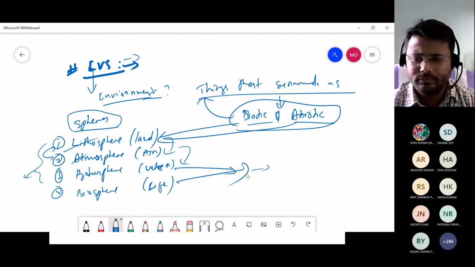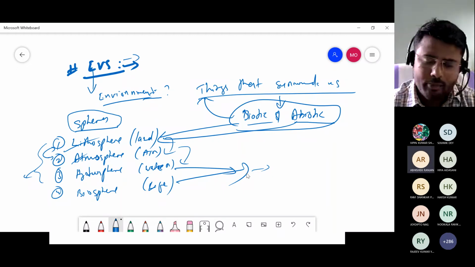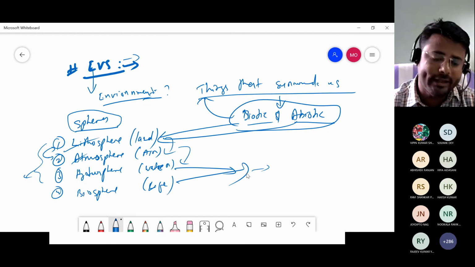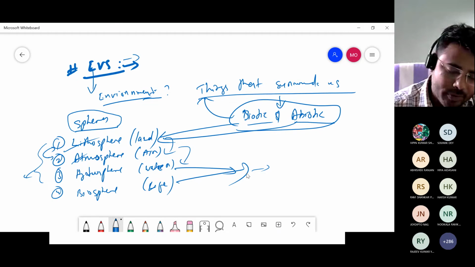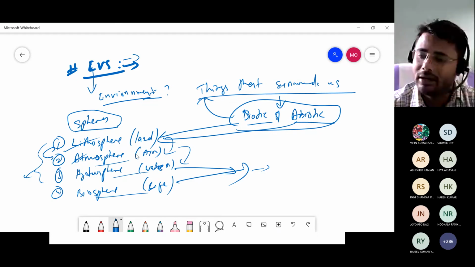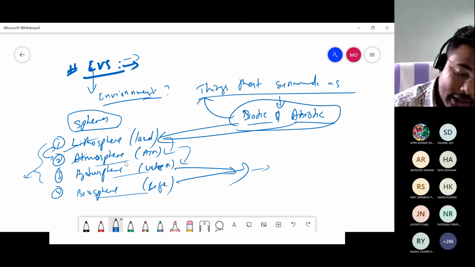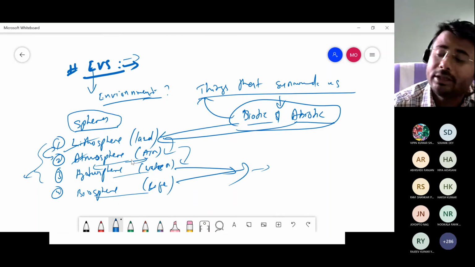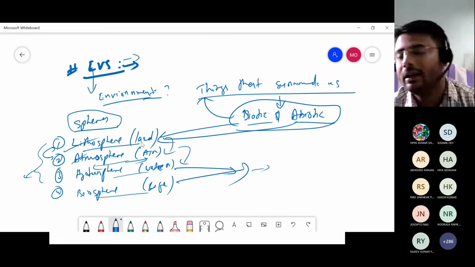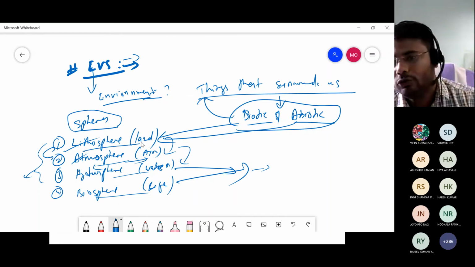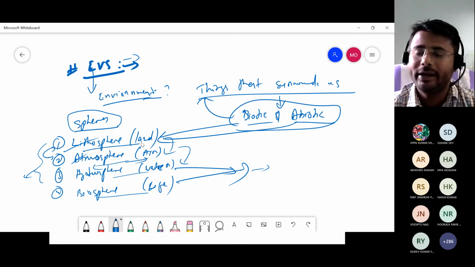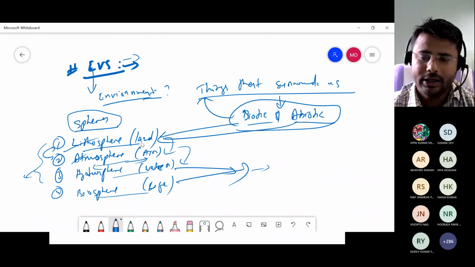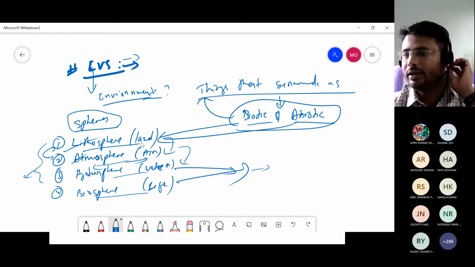Understood? If you go back in time, water and life are possible just because the atmosphere is there, and the atmosphere is possible because the lithosphere is there. So we'll try to understand the uniqueness of our planet's lithosphere. Definitely our planet's lithosphere is unique.